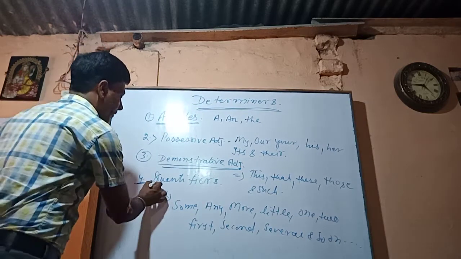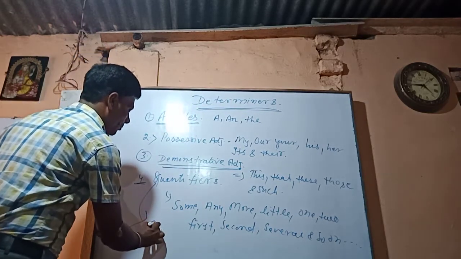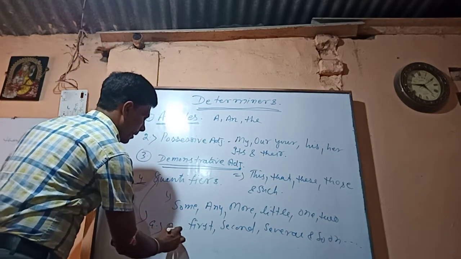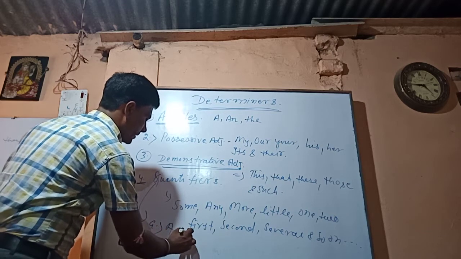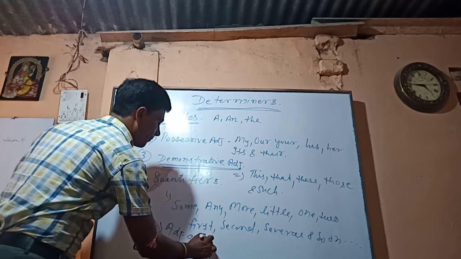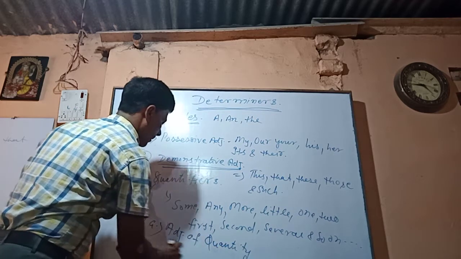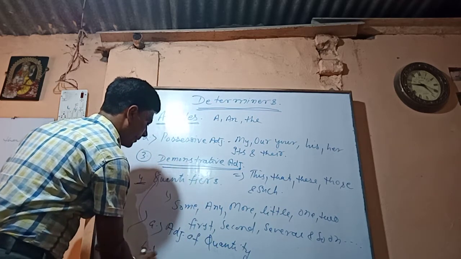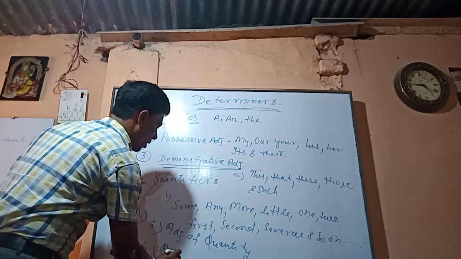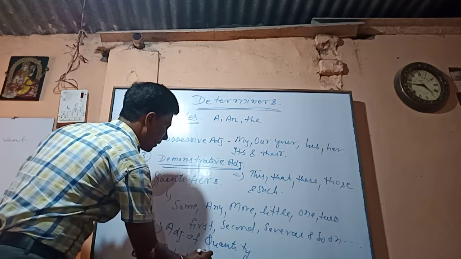So in quantifiers, we are going to learn two things: the first is adjective of quantity, and the other is adjective of number.